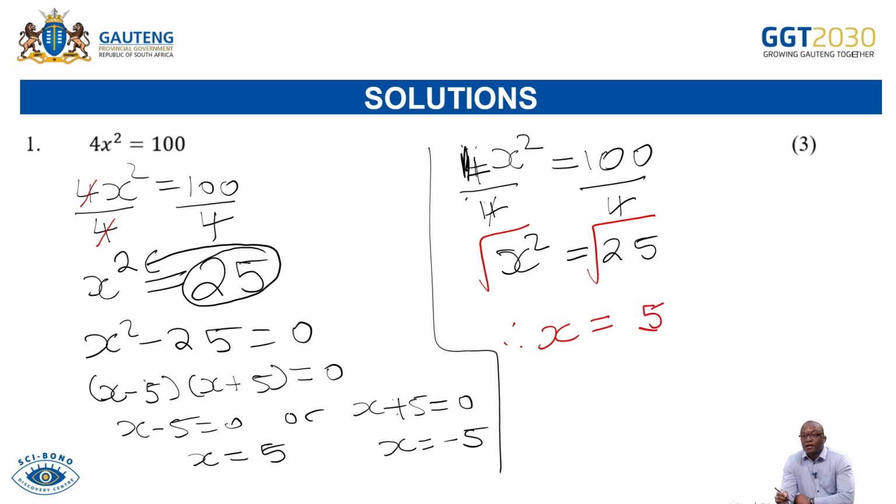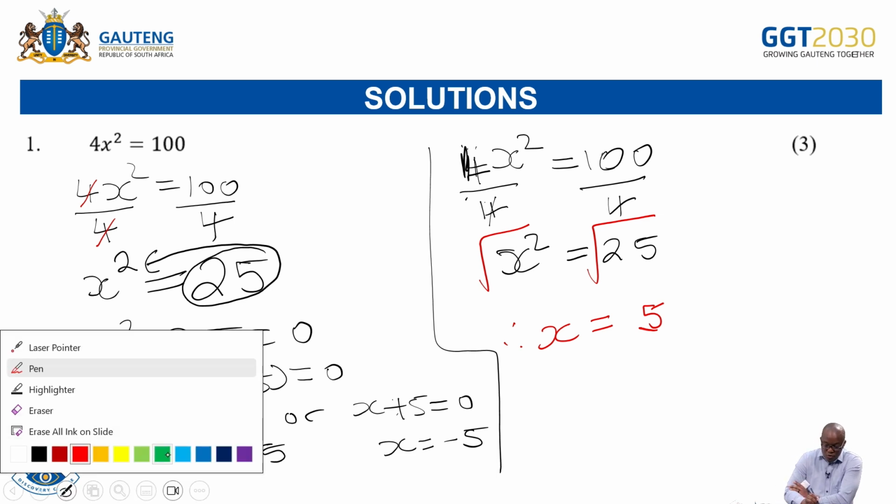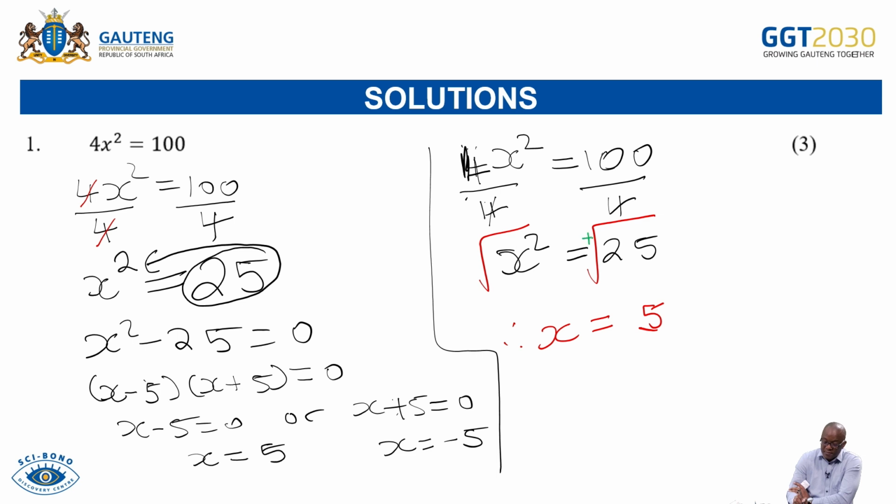Now, if you were to do this and you don't put plus minus as you are introducing your square root, chances are you can get it wrong if you omit plus minus, because that plus minus tells you that there need to be 2 values of x, one being positive and one being negative, like we have done on this side.